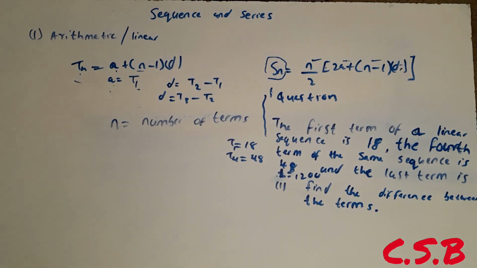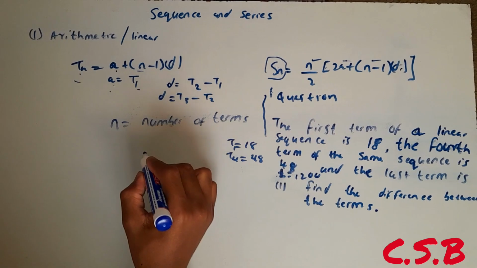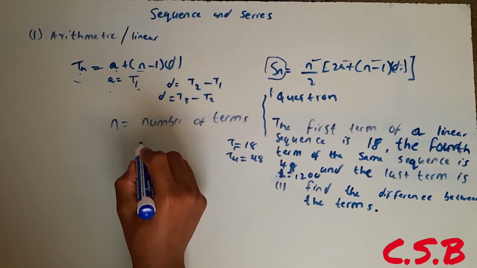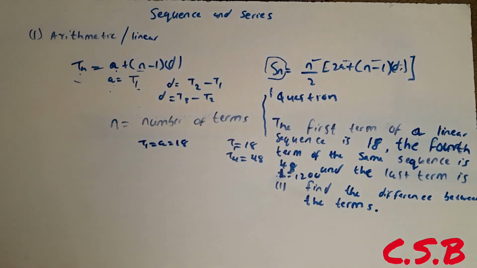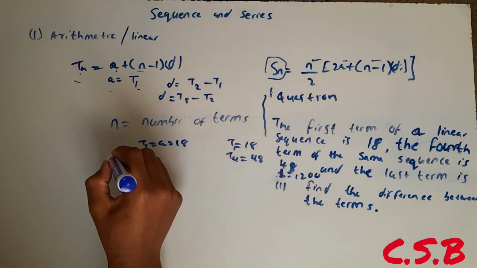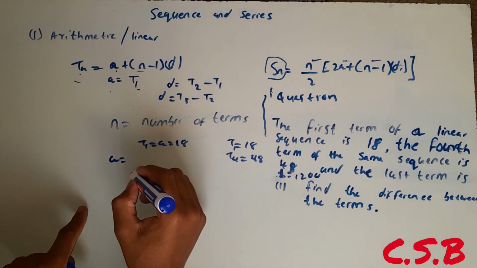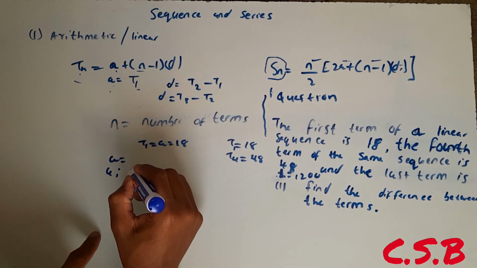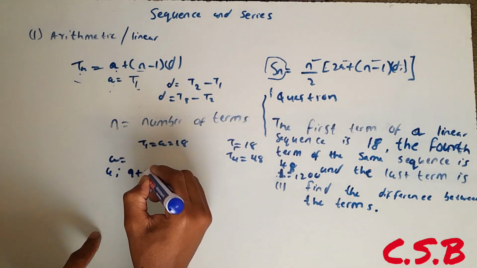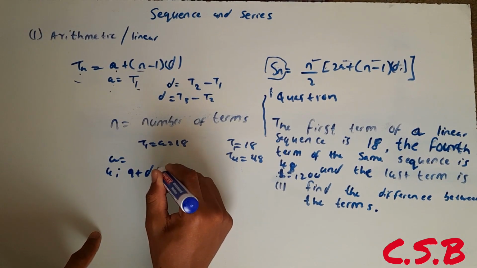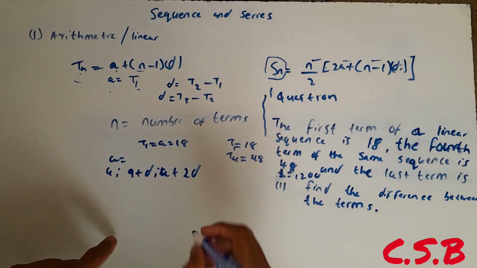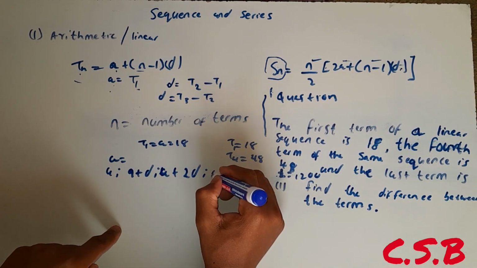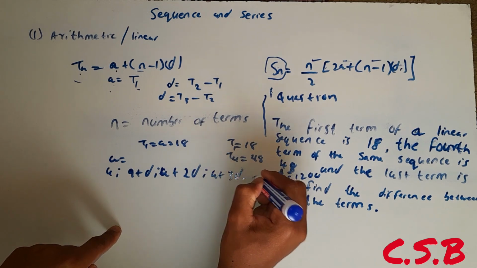The thing that I told you is that a is equal to T1, so a is equal to 18. Remember from grade 11, they said your a is T1. So this is the same as a, then a plus d, then a plus 2d, then a plus 3d.